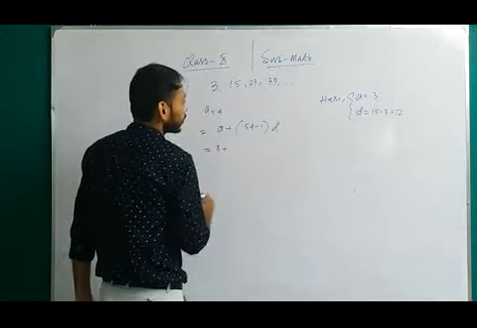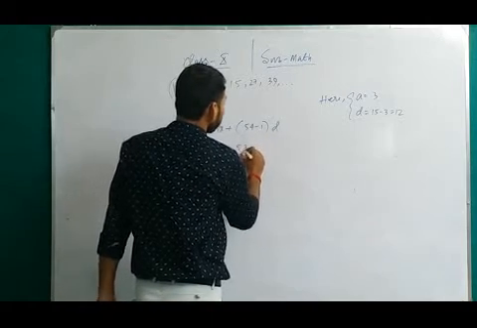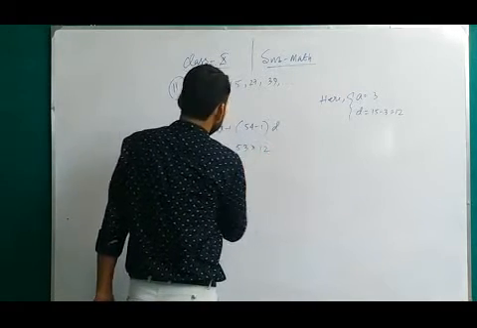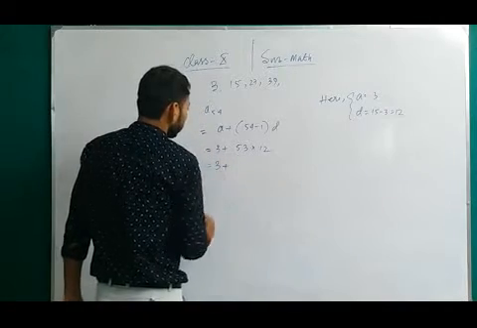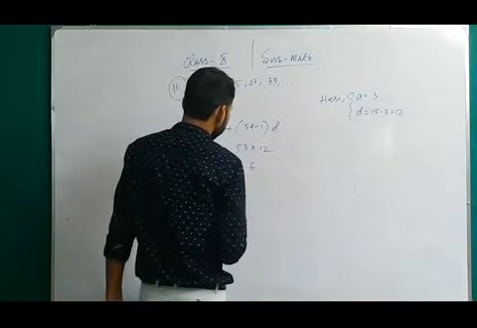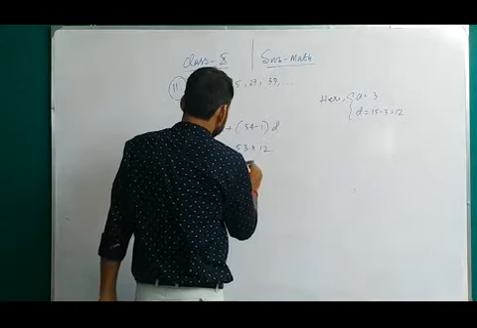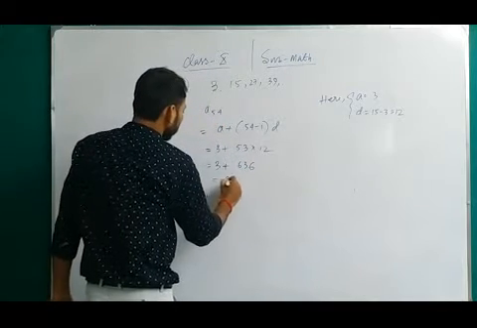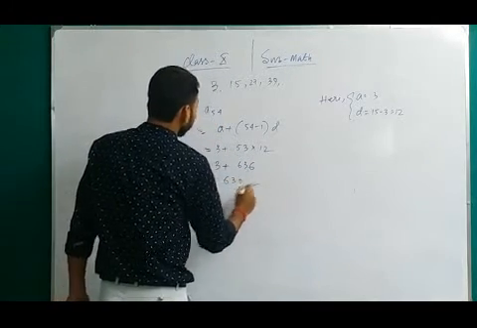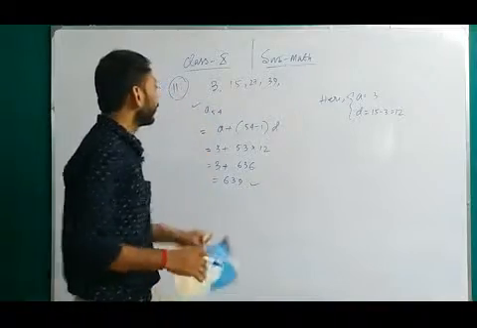So 3 plus 53 into 12, so 3 plus 636, that means 639. So this is our 54th term.